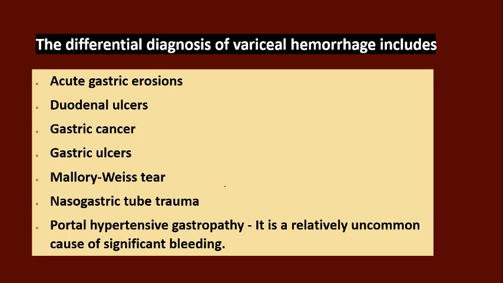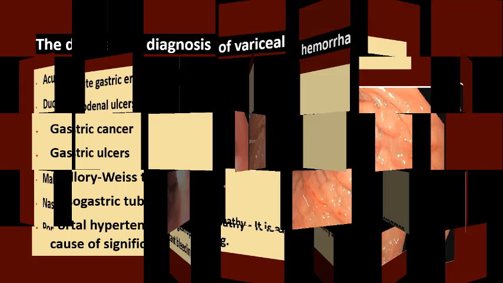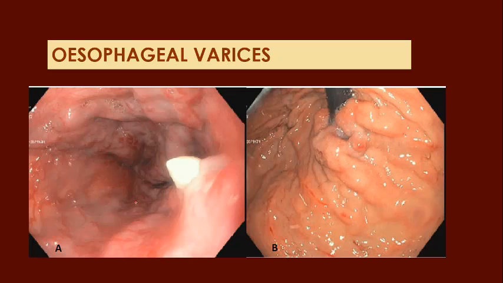These esophageal varices or gastric varices may be asymptomatic or may present with hematemesis or melena or recurrent bleeding. The varices begin to bleed when portal pressure exceeds 12 mm mercury.